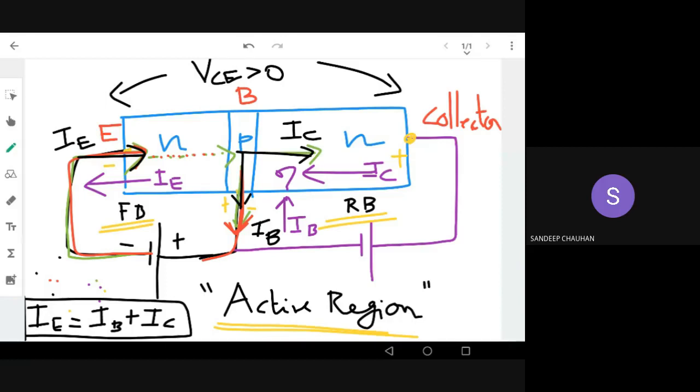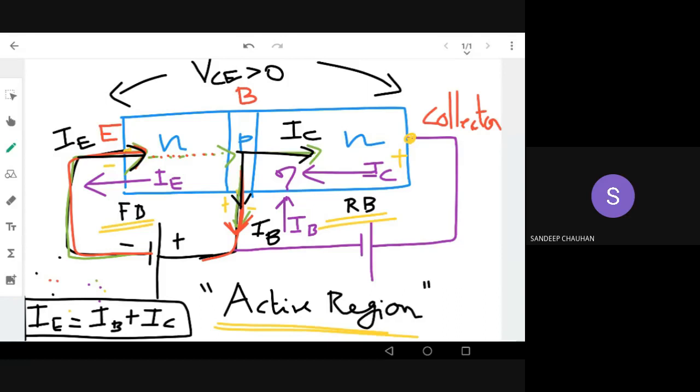When the electrons enter the base region, there are two options: either they exit the base region to the terminal of the battery, or they go straight. But because the base region is very thin, most of the electrons don't have time to wait, and they just go to the collector region where they are collected.